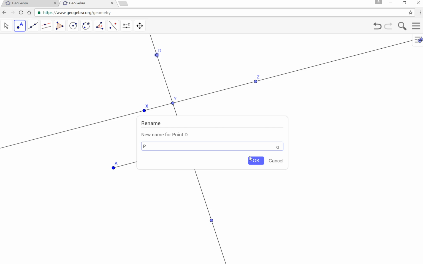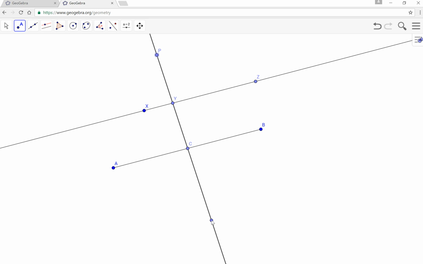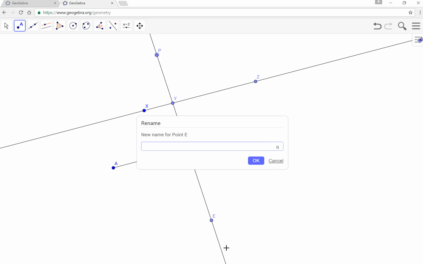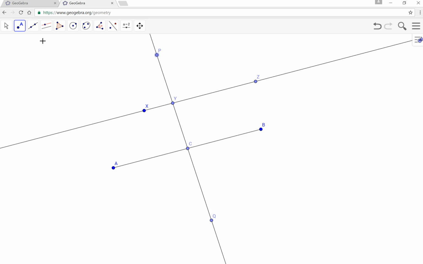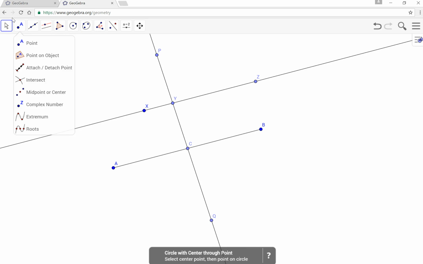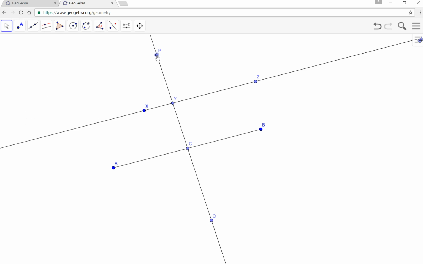That one's P. And that one's Q. Okay, now mine's going a different way. No problem. If you want to grab that and move things around a little bit, you can do that. So now it looks more like what we had going on there.